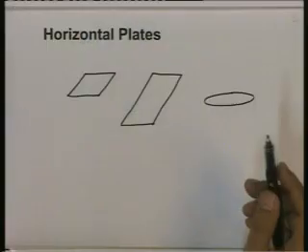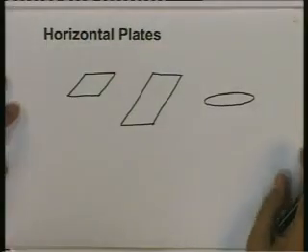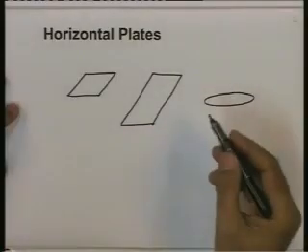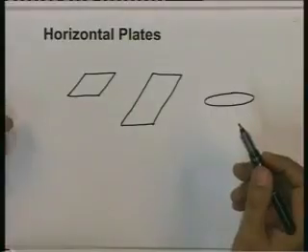The shape need not be as regular as a square or a rectangle or a circle, but these are the three typical shapes that we come across. And if the fluid surrounding is at a different temperature than the surface, then naturally we will have heat transfer by natural convection.